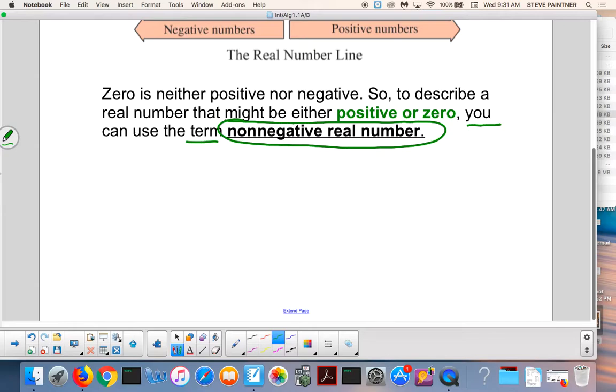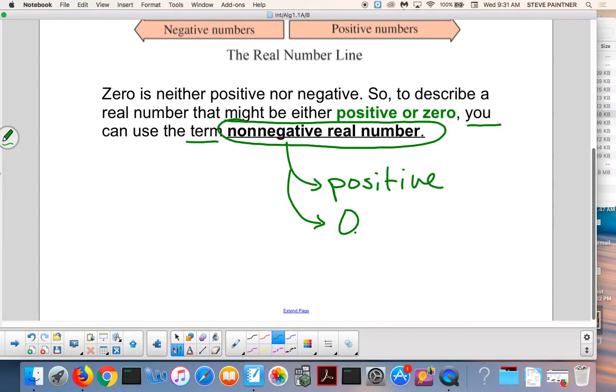Non-negative means it can't be negative, so it's got to be positive. Oh, good job. If something's non-negative, it's not negative. It must be positive. But it also could be 0. So if the book says use only non-negative numbers, it just means I get to use 0 and all the positives. Kind of weird, but that's just something they taught.